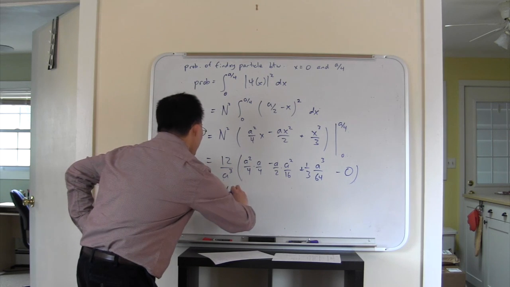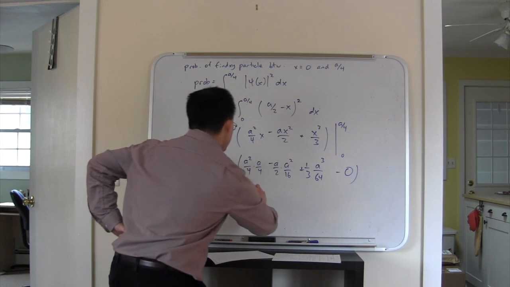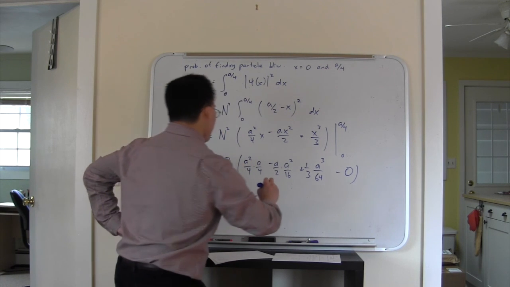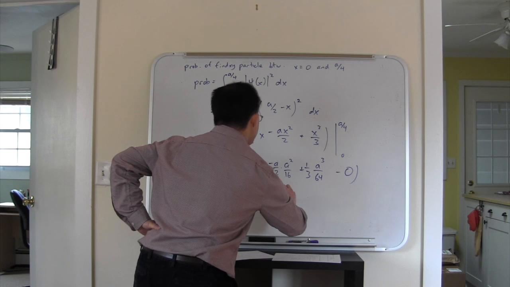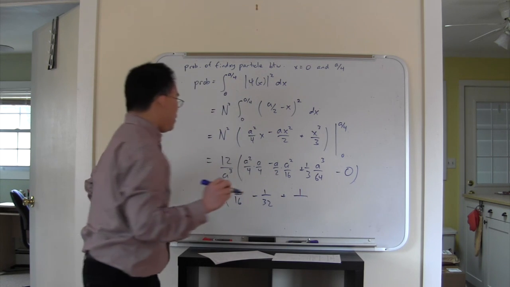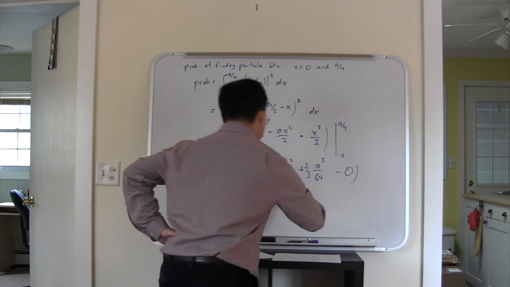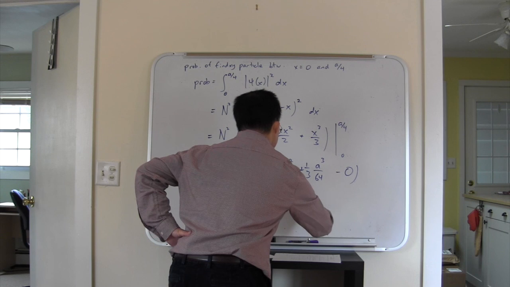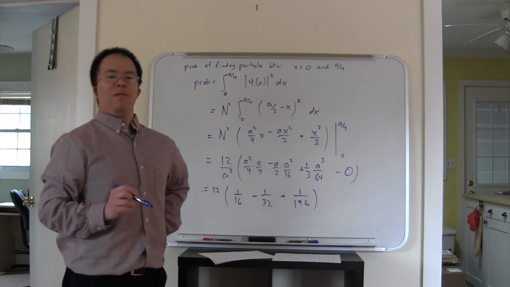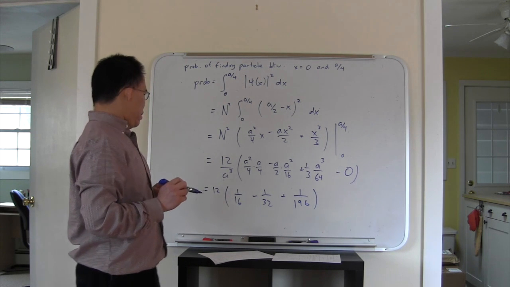So we have 1/16, let's see, minus 1/32, and plus 1/(3 times 64), which is 1/192. Okay, we'll get a common denominator here.